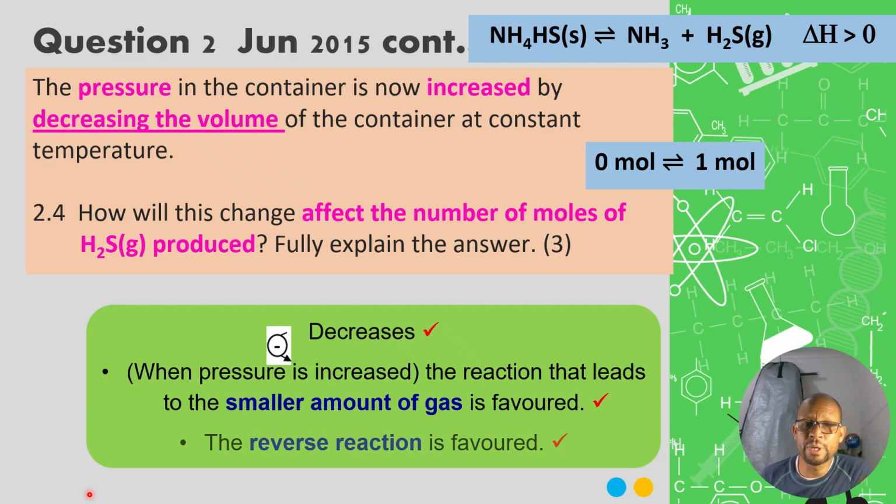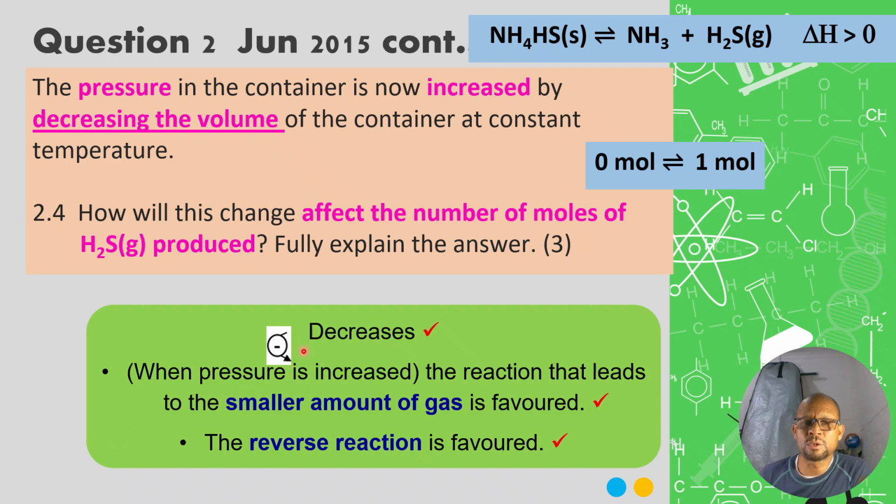So that's 1 point. And then we know that the reverse reaction will lead to the reactants. And in that way, the reverse reaction will be favored over the forward reaction. So there you have your 3 points that will give you an answer.